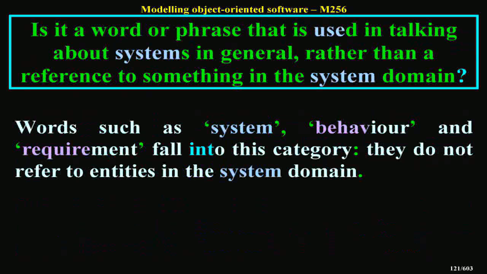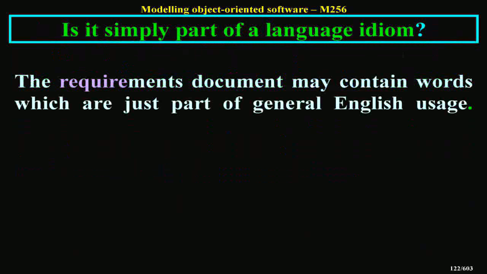Is it a word or phrase that is used in talking about systems in general, rather than a reference to something in the system domain? Words such as system, behavior, and requirement fall into this category. They do not refer to entities in the system domain. Is it simply part of a language idiom? The requirements document may contain words which are just part of general English usage.